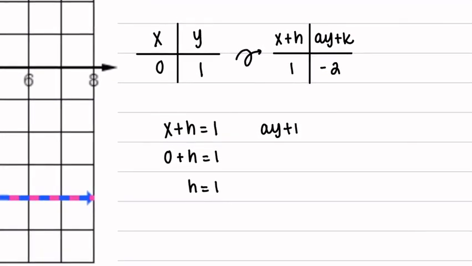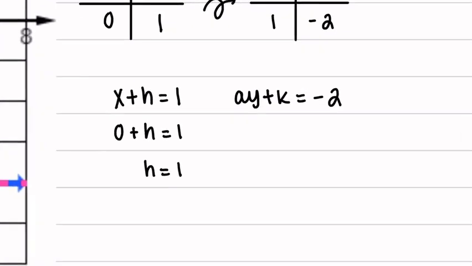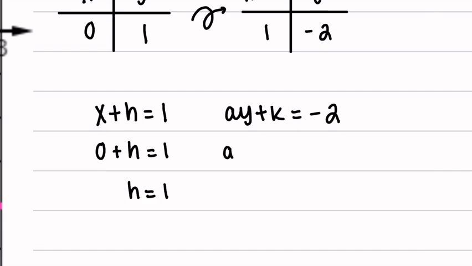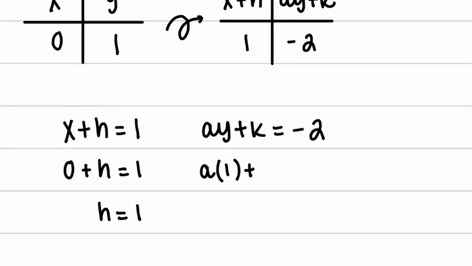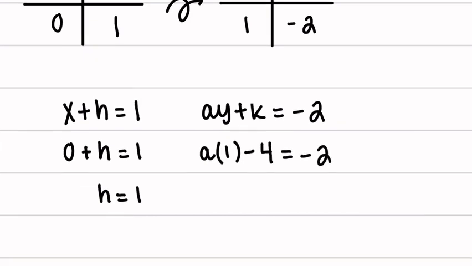Ay plus k resulted in a value of -2. The value that was originally transformed was a value of 1. My k value was -4. So a times 1 minus 4 equals negative 2.